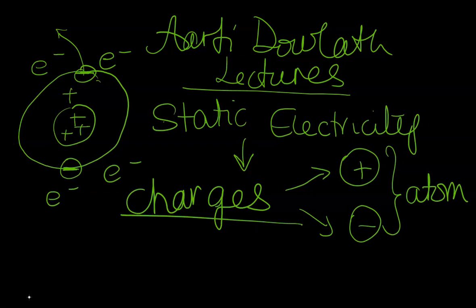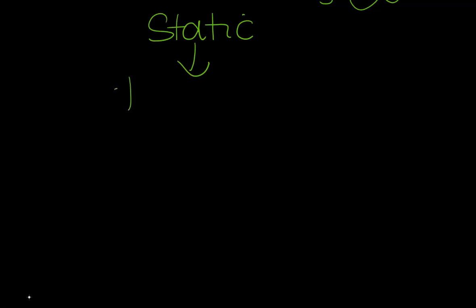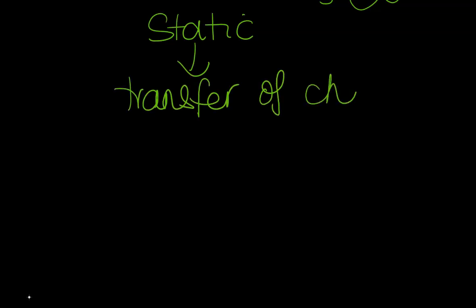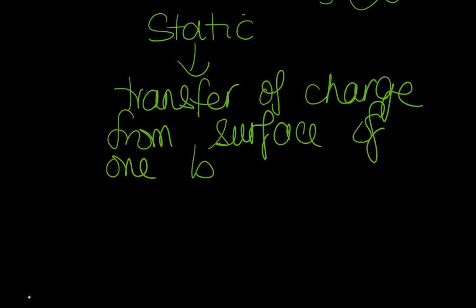Now, when we talk about static electricity and we talk about charges, static deals with stationary or at rest. So static electricity deals with the transfer of charge from the surface of one body to the surface of another.